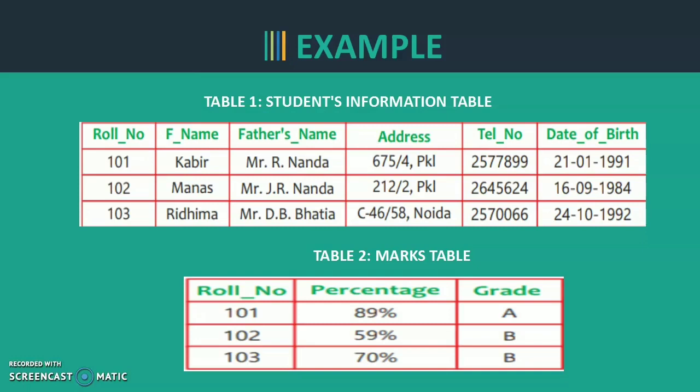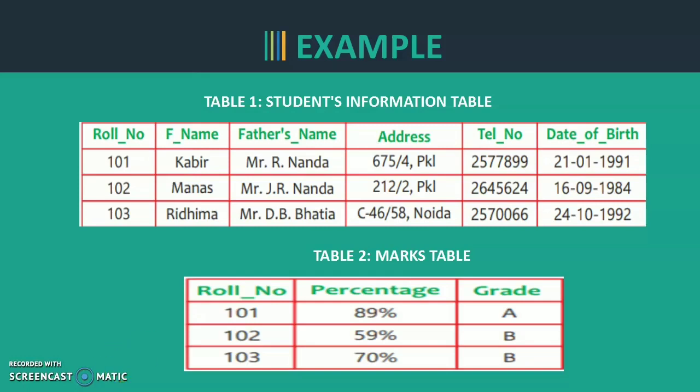But there is one thing which is common, that is the roll number of the student. This common field, the roll number, will relate these two tables. That is how a relationship is defined in Access. This property of defining relationships also reduces the duplication of data.